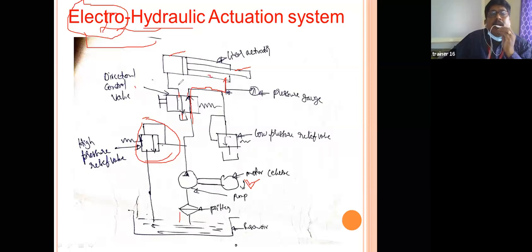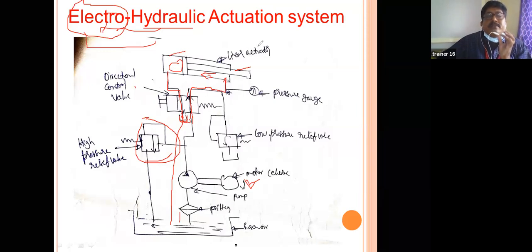The piston moves in this direction, and whatever oil is on the other side goes out this way, to the atmosphere or to the reservoir. This indicates it goes to the reservoir. Now it is clear up to this position, right?